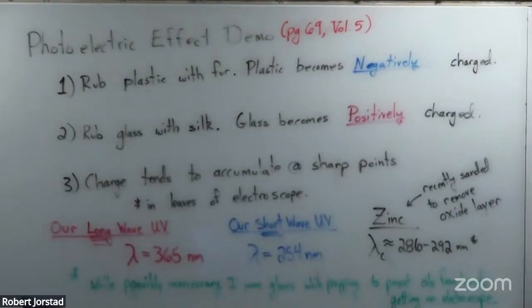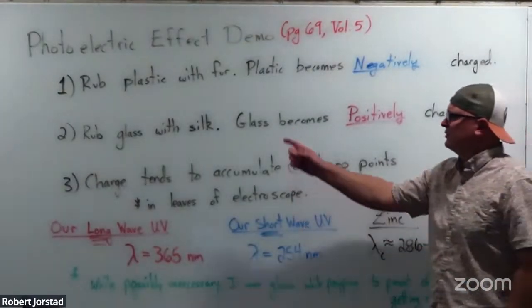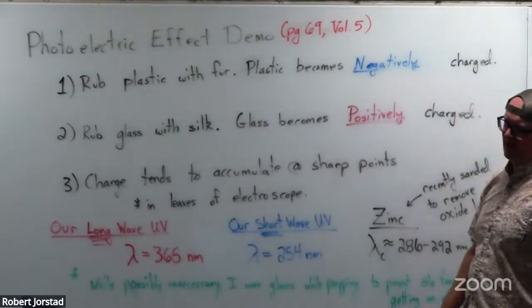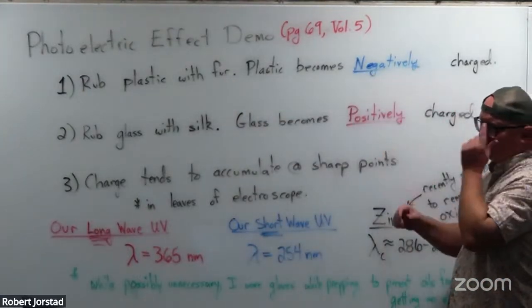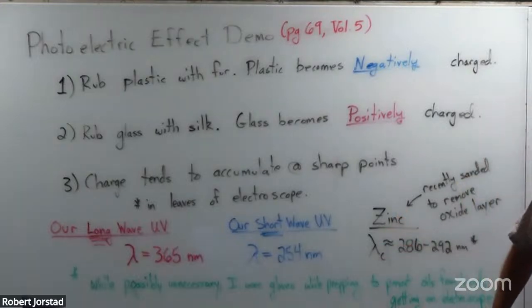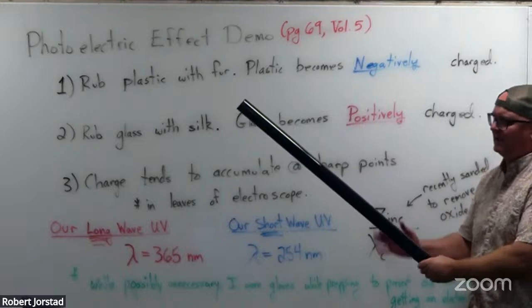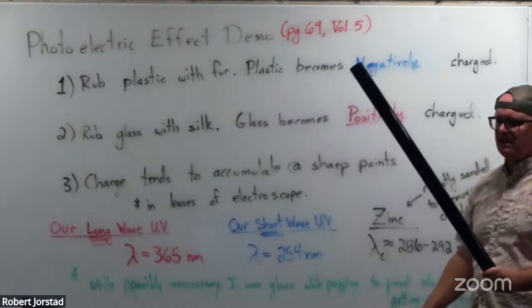Okay, fact number 1, if you rub plastic with fur, the plastic becomes negatively charged. So you get a bunch of electrons on this piece of black plastic here. So I'm going to rub this with fur in a minute, and this will become negatively charged.